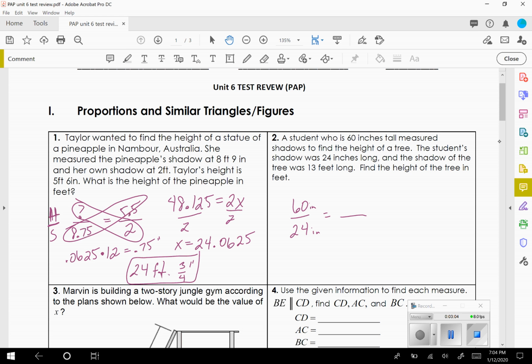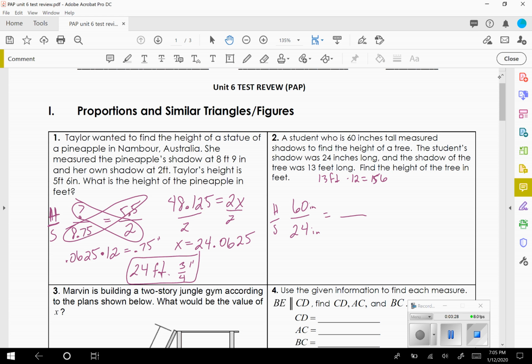And then it says the shadow of the tree was 13 feet long. So 13 feet, we have to multiply that by 12 to get it in inches. So 13 times 12 is 156. And so we have height on top, shadow on bottom.